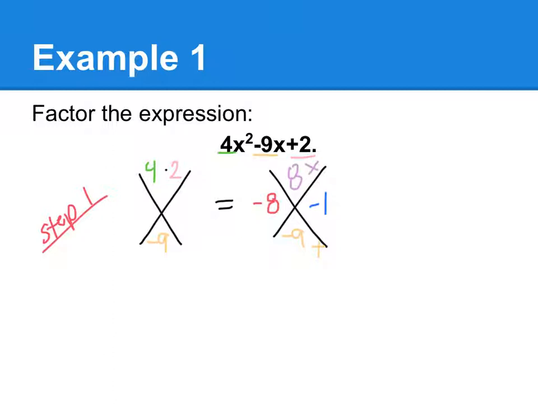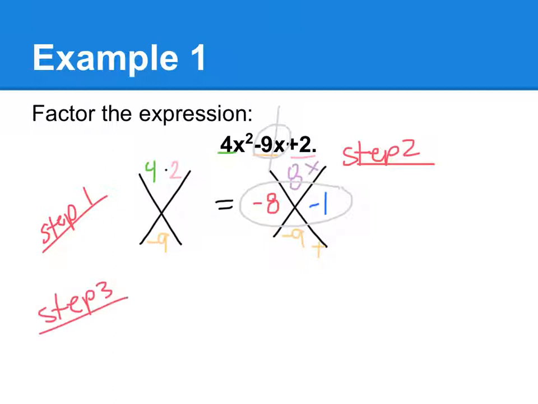Now here is the really cool part. Here's where the new stuff comes in. Instead of writing the two binomials, instead of writing two parentheses, we're going to use negative 8 and negative 1 to rewrite the middle. So we're going to split the middle, kind of. Step 3 is split the middle.